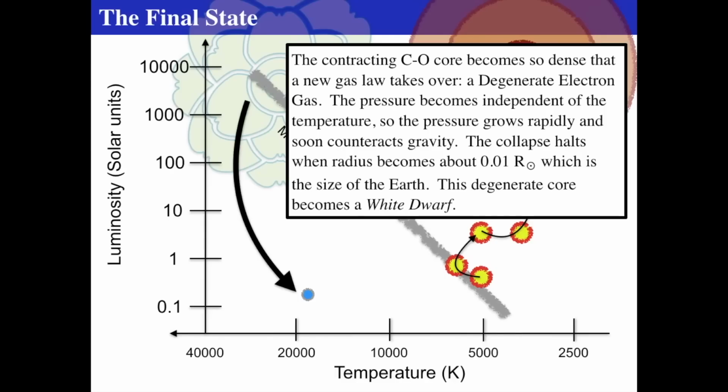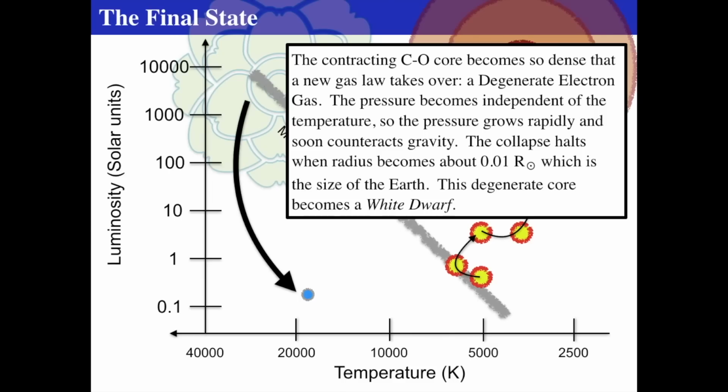So as the white dwarf contracts, it becomes incredibly dense, and it is now a degenerate electron gas, which basically holds it up against the pressure of gravity. So the pressure becomes independent of the temperature. We'll talk about that pretty soon next time when we talk about the nature of degenerate gases, when I talk specifically about white dwarfs.